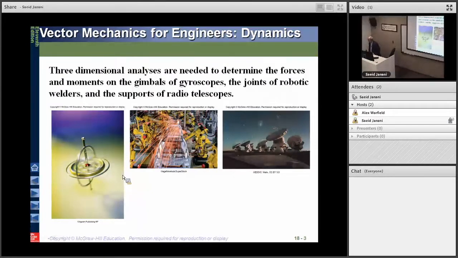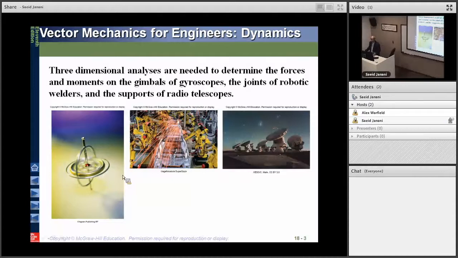Okay, we're going to talk about dynamics and kinematics. Some examples are a gyroscope, joints of robots, and a radio telescope.